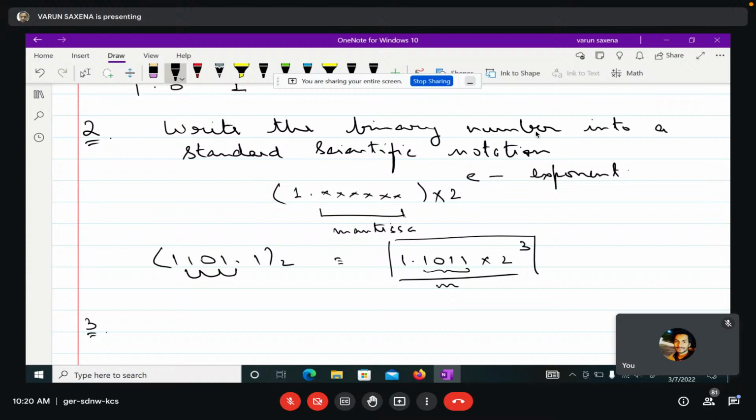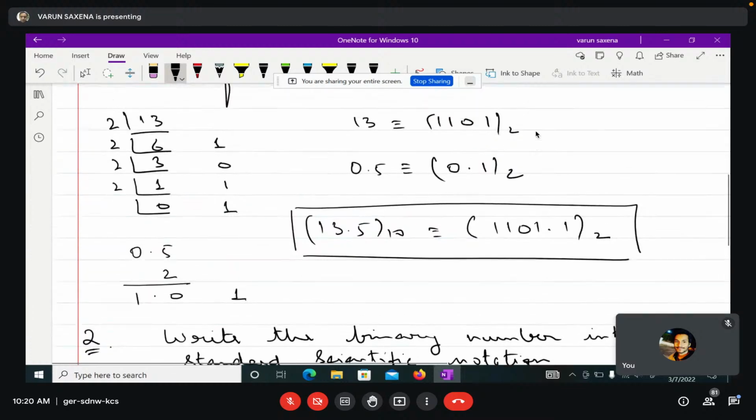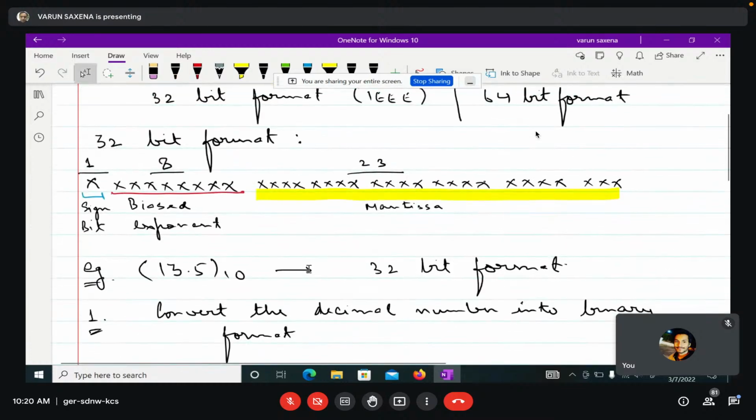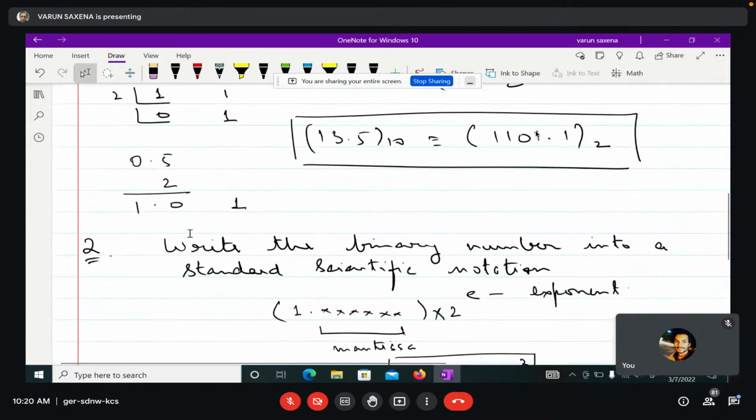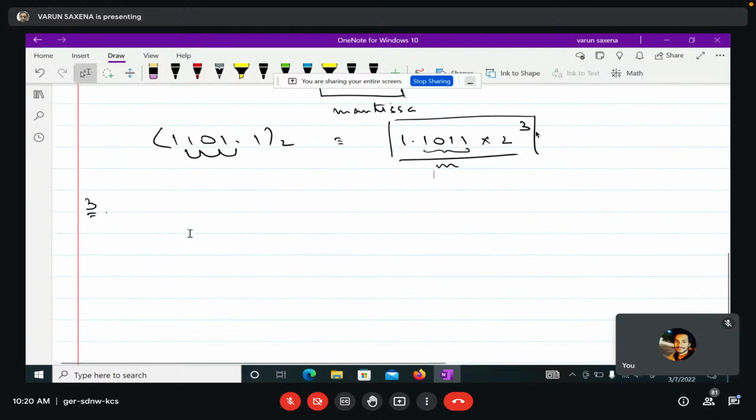But now, if you remember, I had written something over here which is called the biased exponent. For numbers, the exponent could be positive, it could be negative. But if you are to store a negative exponent, you would require an extra sign bit to tell whether the exponent is negative or not.